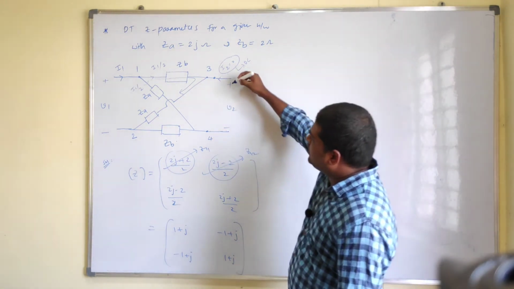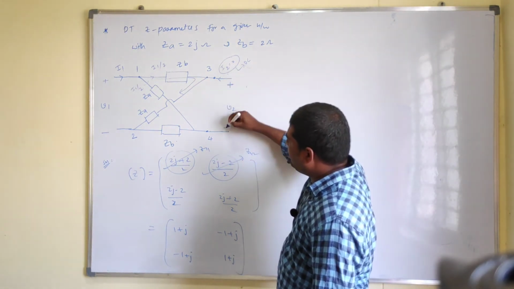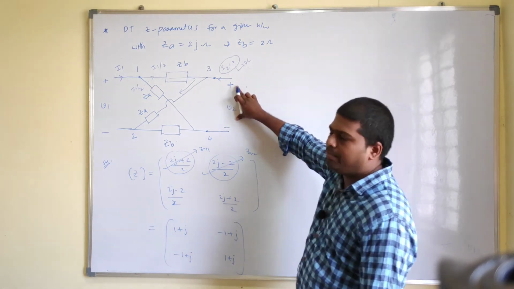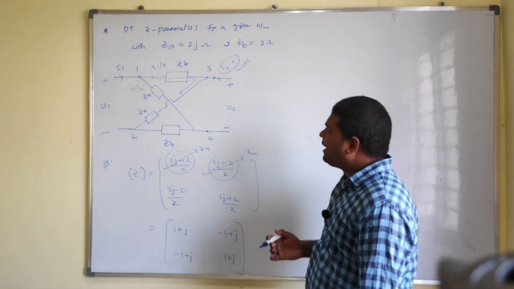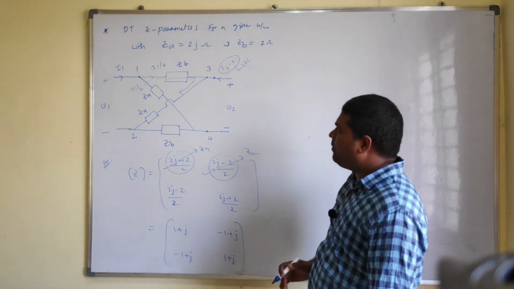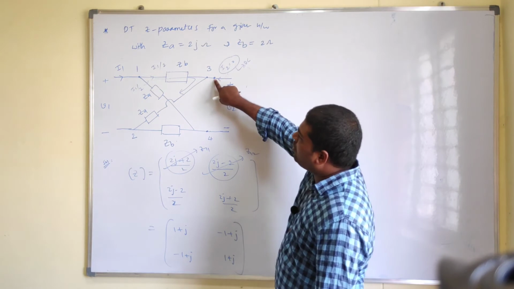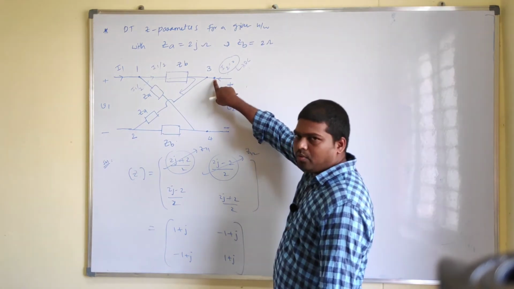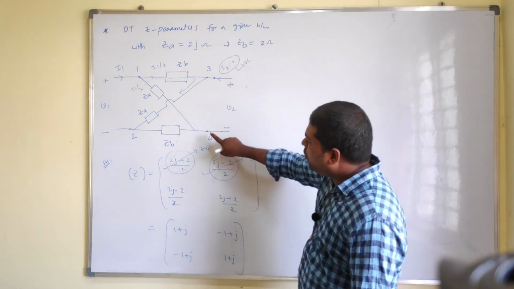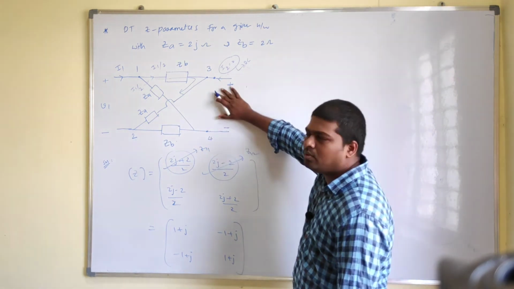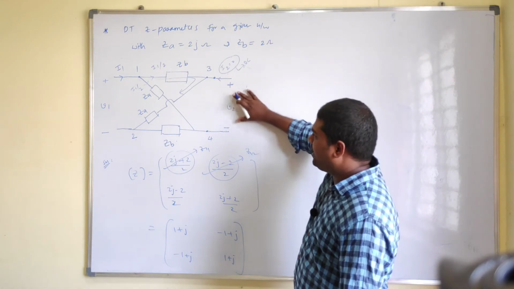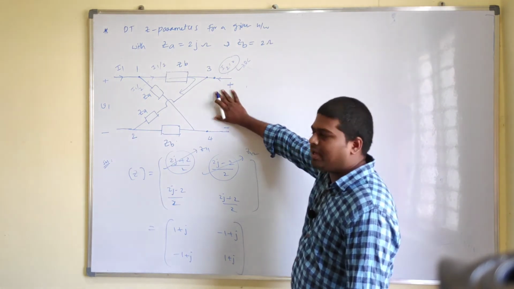This is the voltage drop across the third and fourth terminal, that is V2. I want to evaluate the voltage drop at this particular node, and in the same way at this particular node. Just ignore this voltage, here we have some V2 voltage, you can keep it aside.